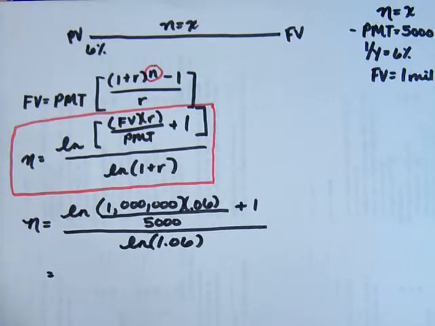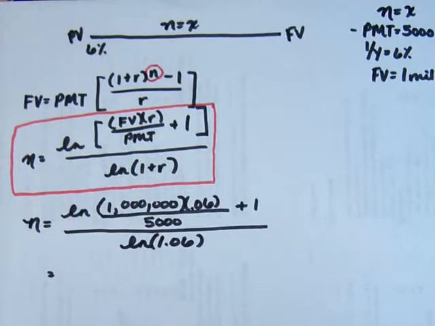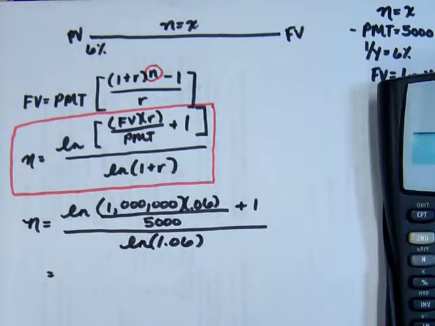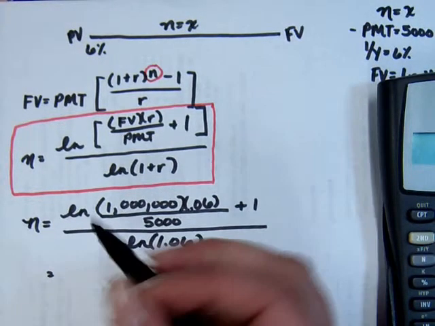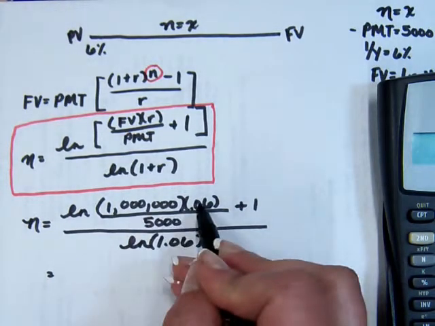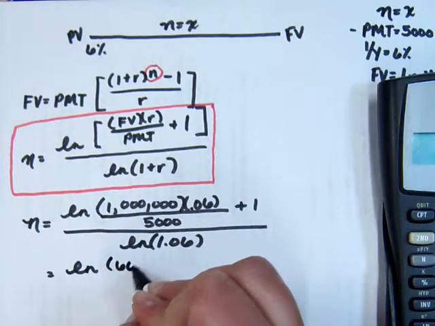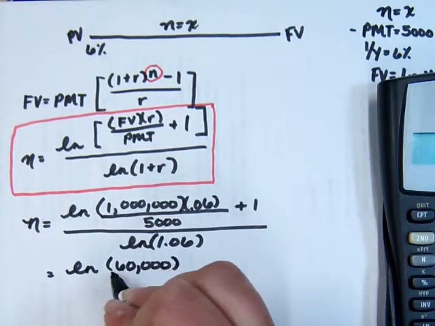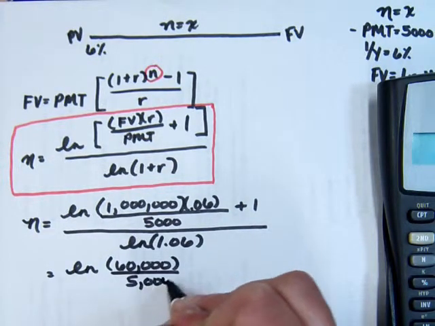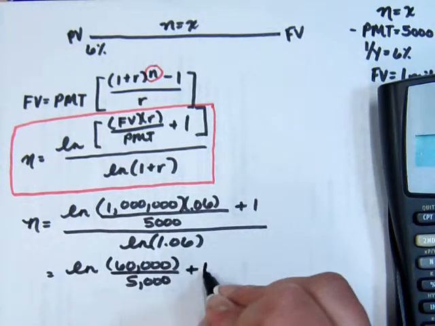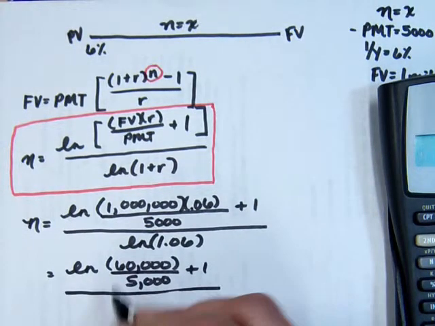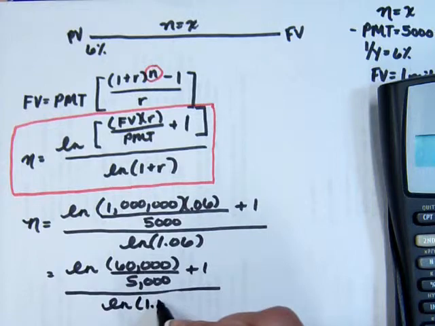Now when we put this through the calculator, it's a very step-by-step process. We're going to take the 60,000, because we're going to multiply these together. So this is the natural log of (60,000 divided by 5,000, plus 1), divided by the natural log of 1.06.